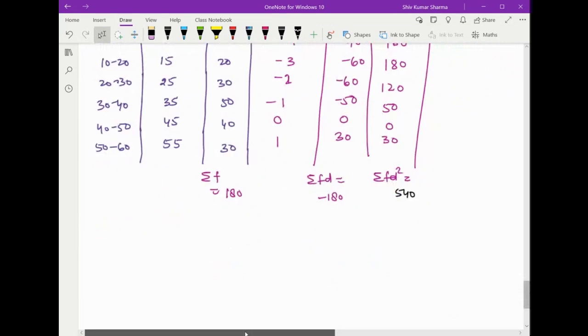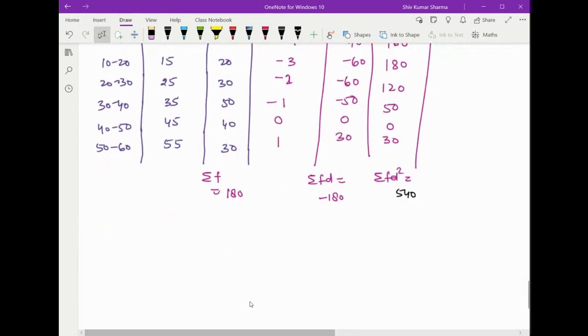For calculating the mean by step deviation, what is the formula? Mean is equal to A plus summation of fd upon summation of f, multiplied by the interval.